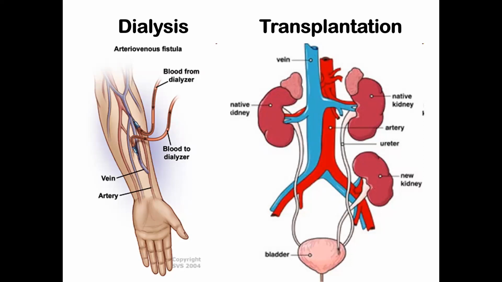Before I go, there's another way of doing this. They put a sort of port into the abdominal area. They fill it with a solution, and all the wastes are moved inside the body, around the intestines, where there's a lot of blood.